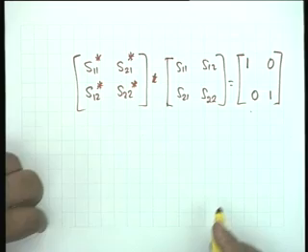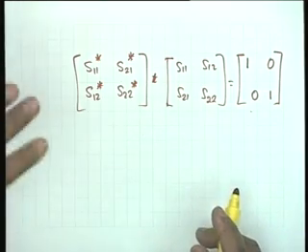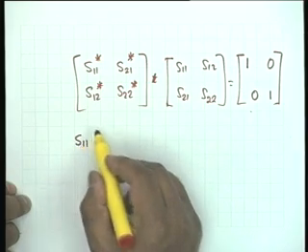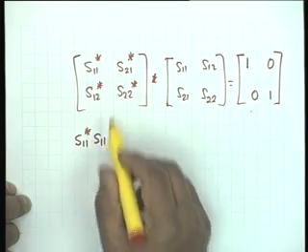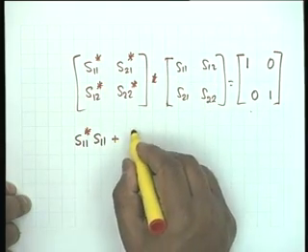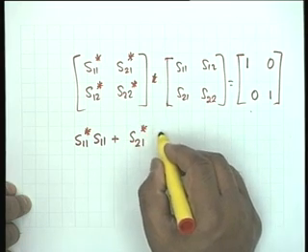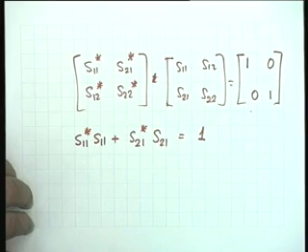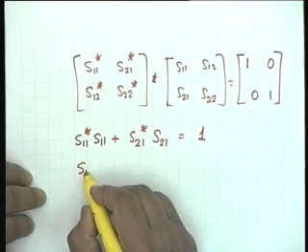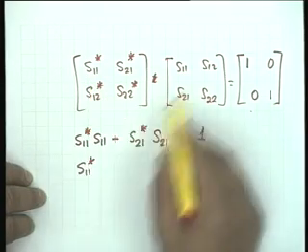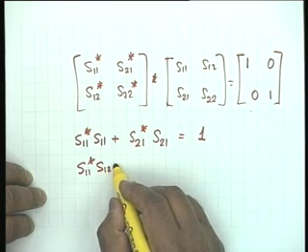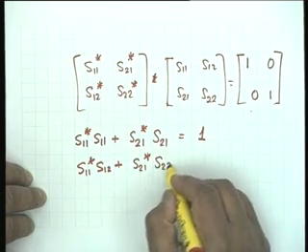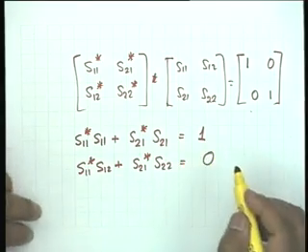If I multiply out, there will be 4 equations. What we shall get is S11 star S11 plus S21 star S21 should be equal to unity. Then S11 star S12 plus S21 star S22 should be equal to 0.